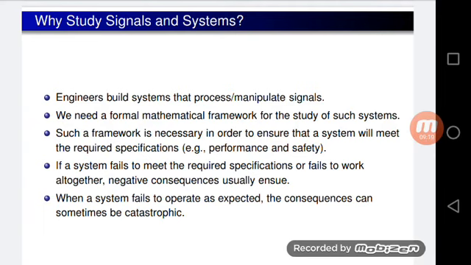We need a formal mathematical framework for the study of such systems. Such a framework is necessary to ensure that a system will meet the required specifications for performance and safety.